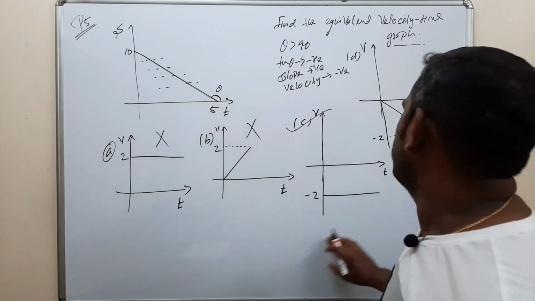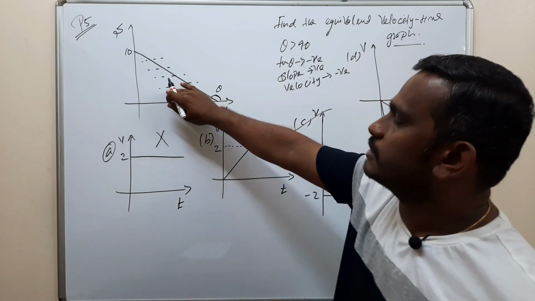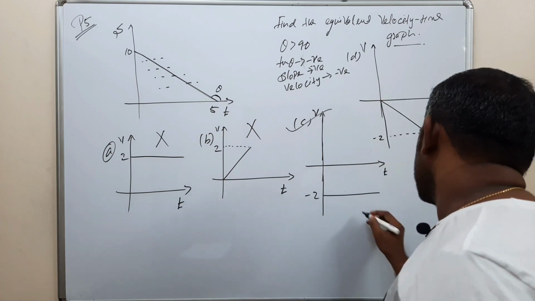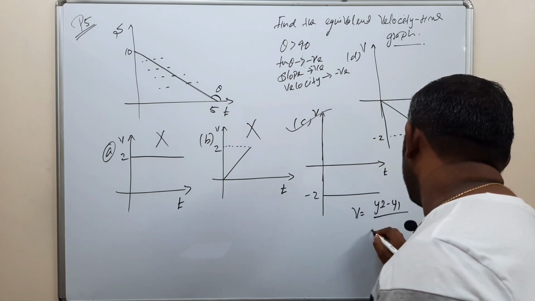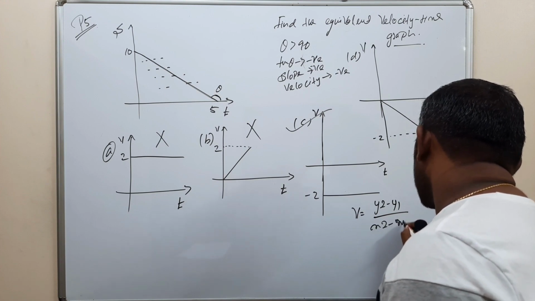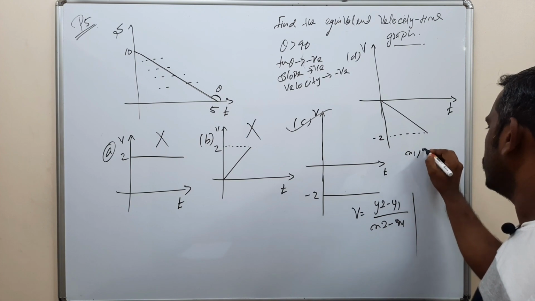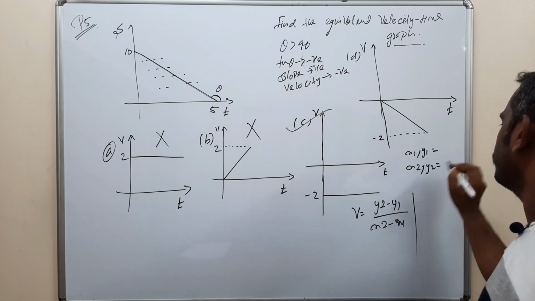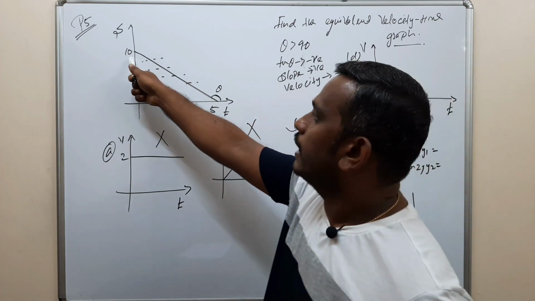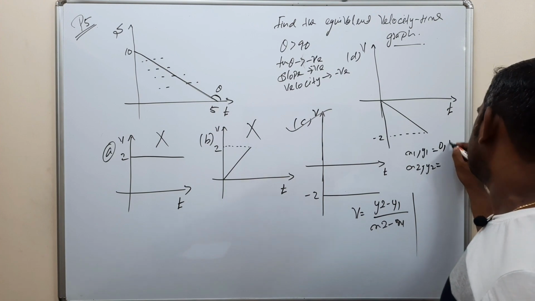So from that graph, the slope of the displacement-time graph gives the velocity. So velocity is equal to y2 minus y1 divided by x2 minus x1. So x1 y1, x2 y2. Here x1 is 0, y1 is 10.